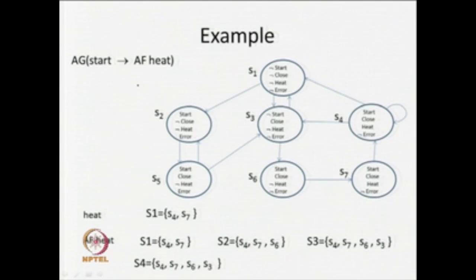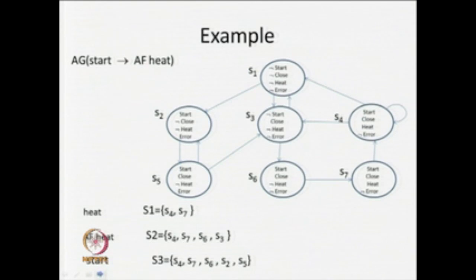Now, once we know the states where AF heat is true, we can go for the next sub formula: start implies AF heat. That means if start is true, then AF heat must be true. In this case, how am I going to say that?